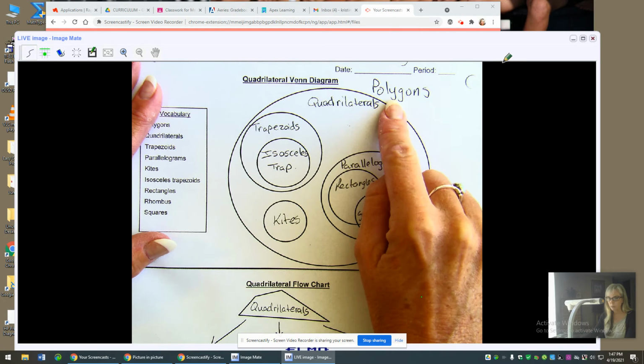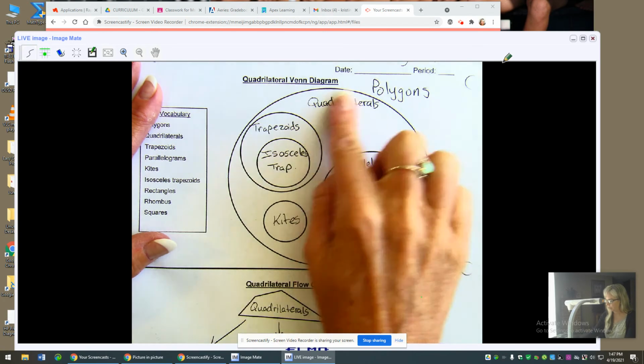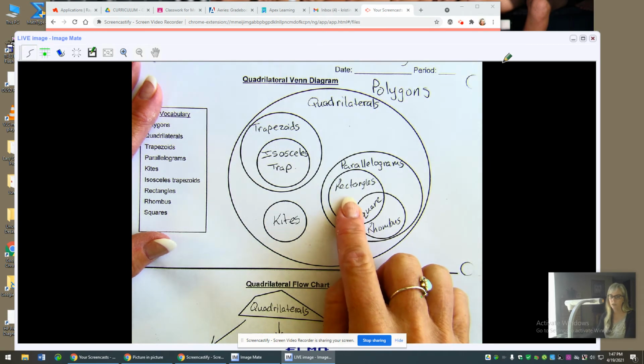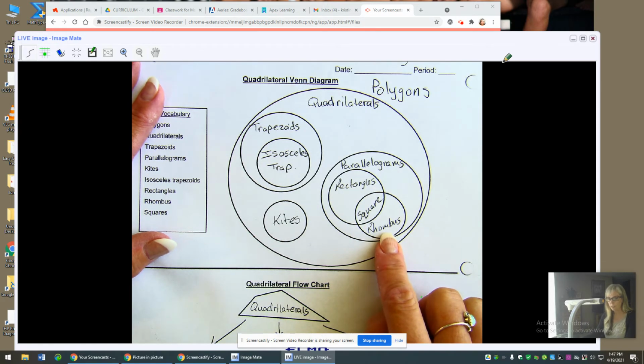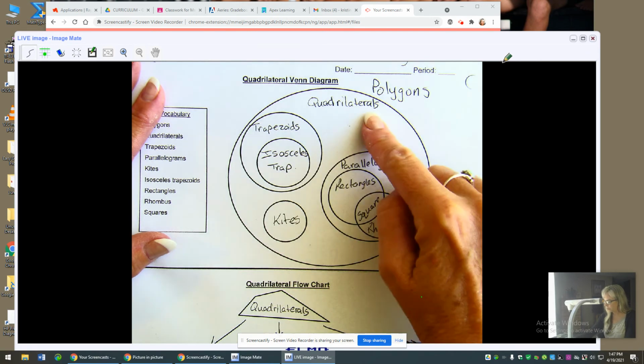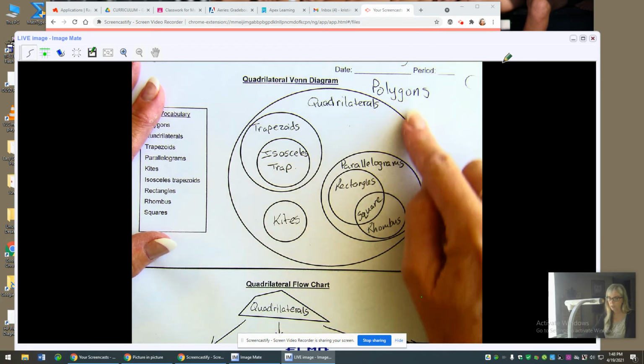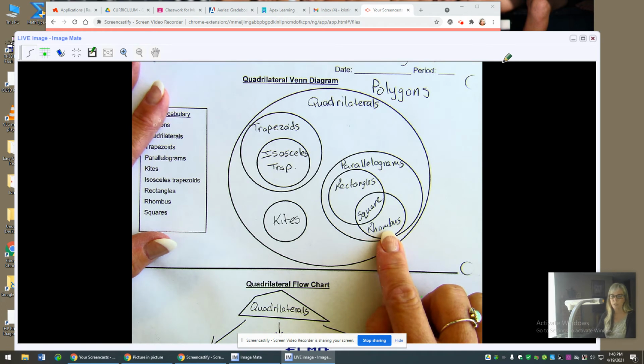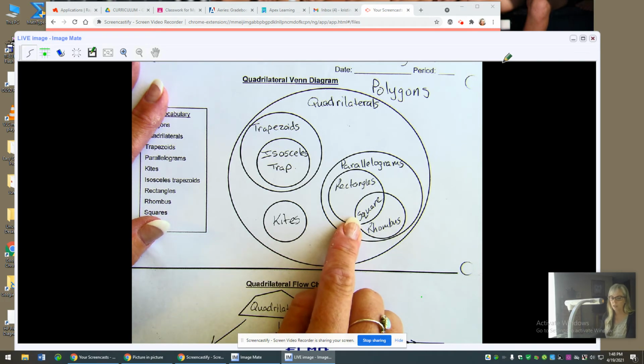A rectangle is a polygon. It's all of those things on the outer circles. And then we're moving on now to rhombus. A rhombus is also a parallelogram, a quadrilateral, and a polygon. But when we get more and more specific with its characteristics, we call it a rhombus if it has four equal sides. And the square is the one that's got it all going on.